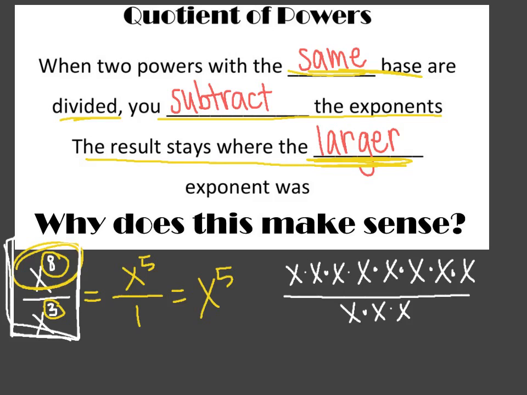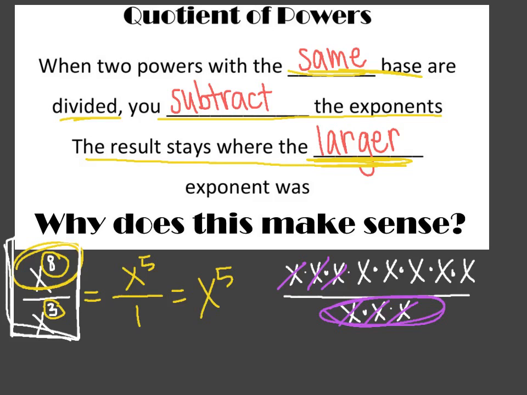Well, we all know that if I divide something by itself, it's going to cancel out, right? So if I take this x and this x, they'll cross each other out. This x and this x will cross each other out. This x and this x will cross each other out. Well, now I ran out of x's on the bottom of my fraction, so I have to stop crossing things out, and I'm going to look at what's left over.